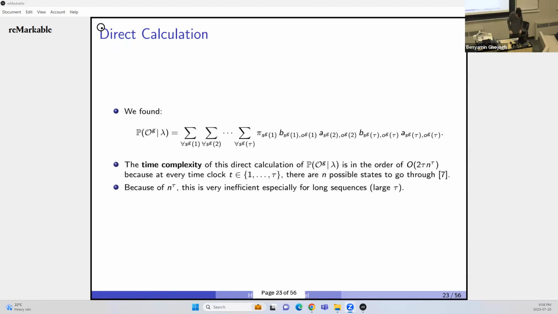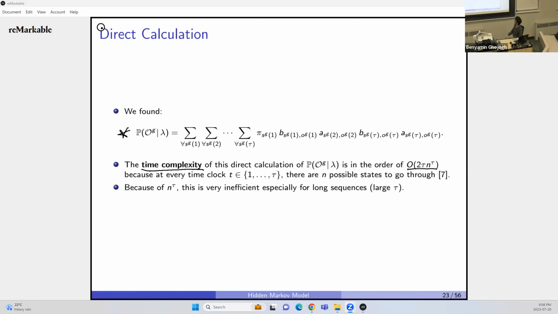Okay, direct calculation. This is what we found. The time complexity of this direct calculation, right? This is in the order of big O notation, O of 2 times tau times N to the power of tau. N is the number of the states. Tau is the number of time slots, right?